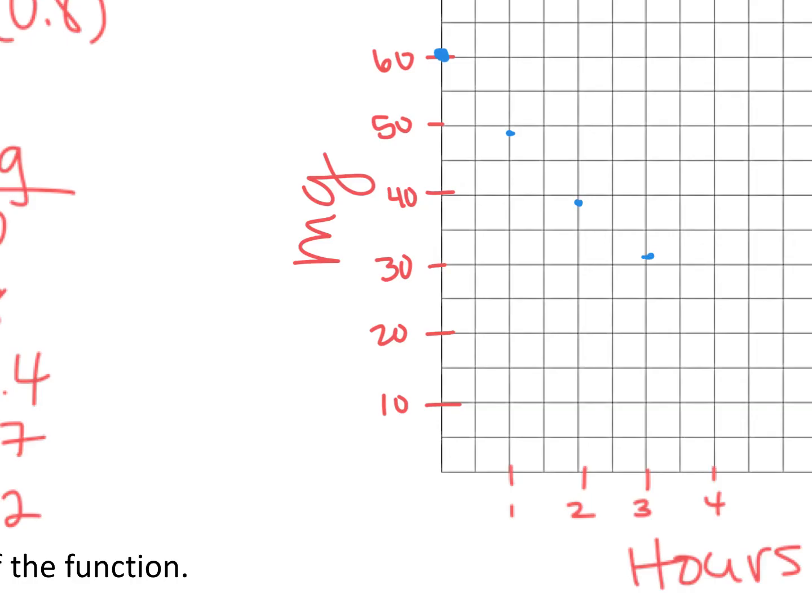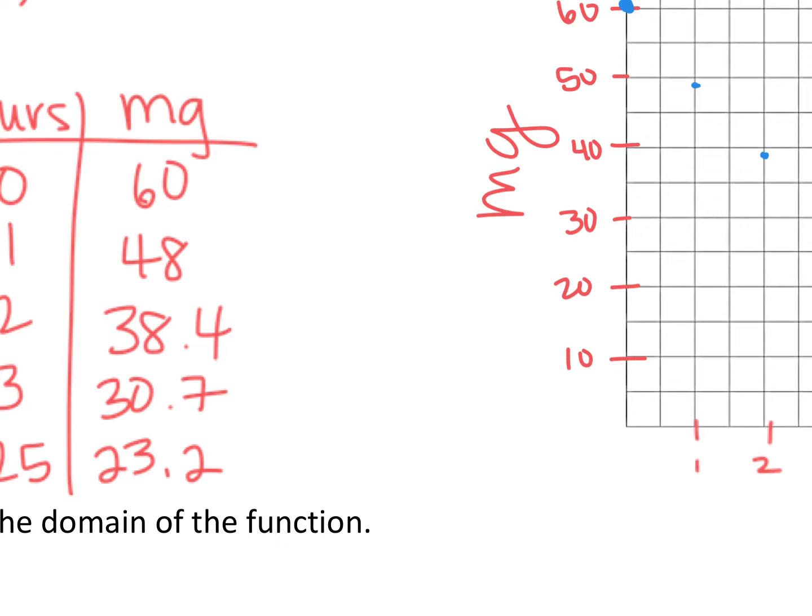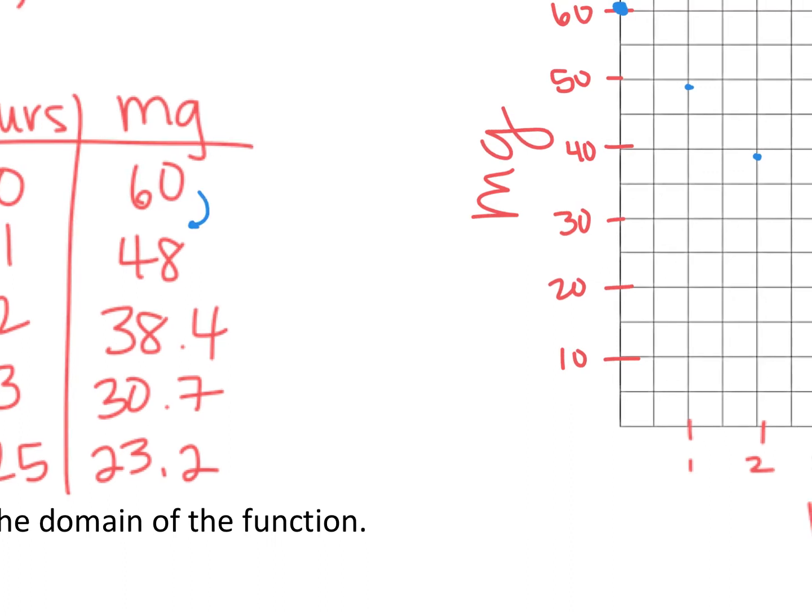So it kind of looks linear, but it's not linear at all. You see we've got this big jump between 0 and 1 hours. It's dropping 12 milligrams. Here it's dropping 9.6.